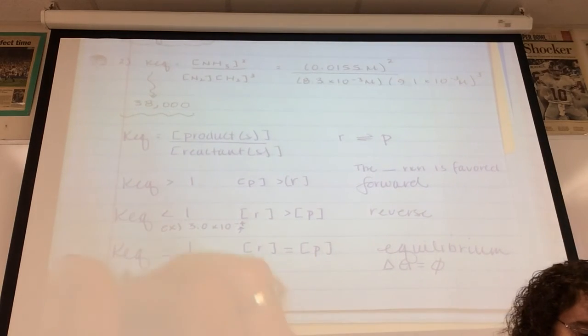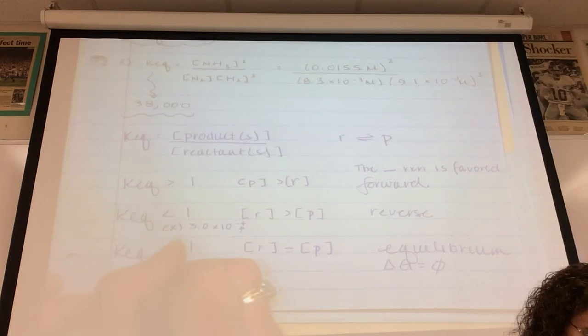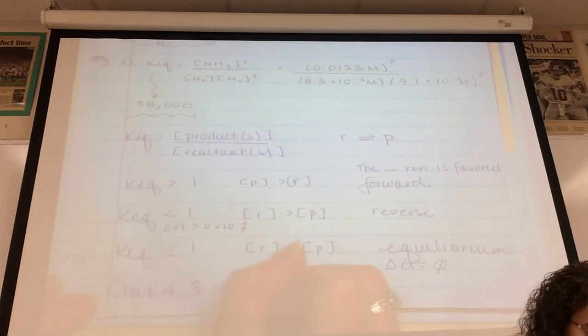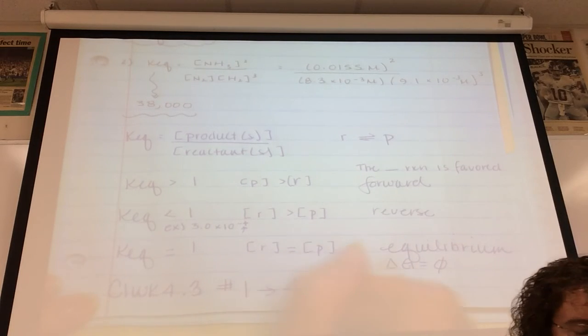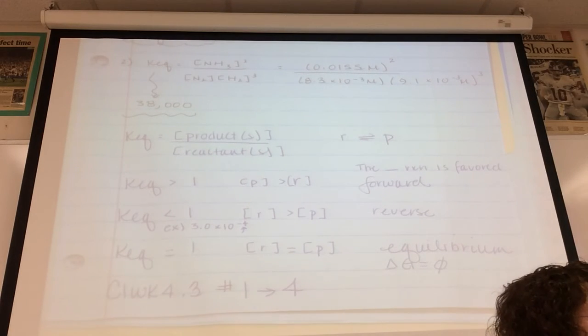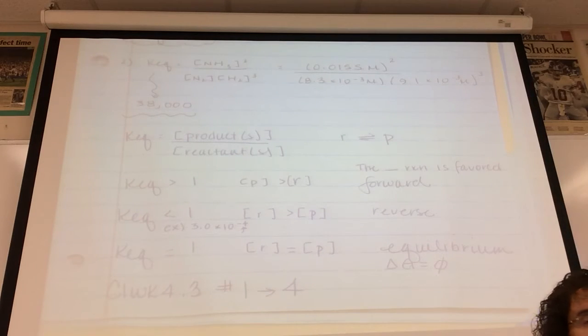In regard to what we've done today, I'm going to give you classwork 4.3. You can do numbers 1 through 4 only, although I'm sure some of you could figure out the other pieces. And we'll pick up with a very short lesson tomorrow, unless we also set up the next piece.